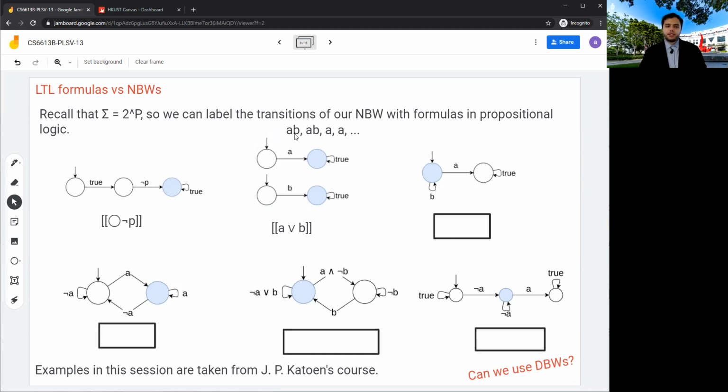And my first letter is a set of atomic propositions, in this case, A and B. So it satisfies this one. This does not mean that we transition only with A. It means that we transition with any set that contains A. Okay. So what is the language of this third automaton?